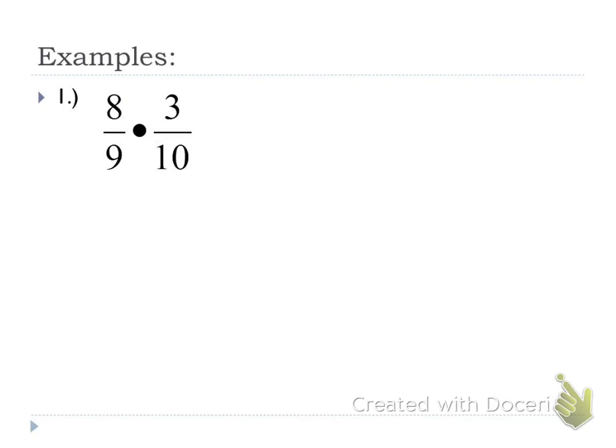Individually, those fractions do not simplify. But because we're multiplying 8 times 3 over 9 times 10, they end up being all part of the same fraction. So we can do what you might have heard called cross-canceling or cross-reducing.